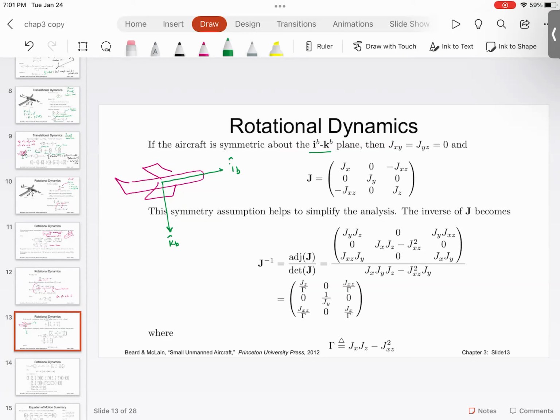If you want to apply these equations to a V plane, flying wing, quadcopter, or a missile, the only thing that is going to be different is this J matrix. And then remember, we have this J inverse. The inverse of a matrix is defined as the adjoint divided by the determinant. That is the definition of inverse.